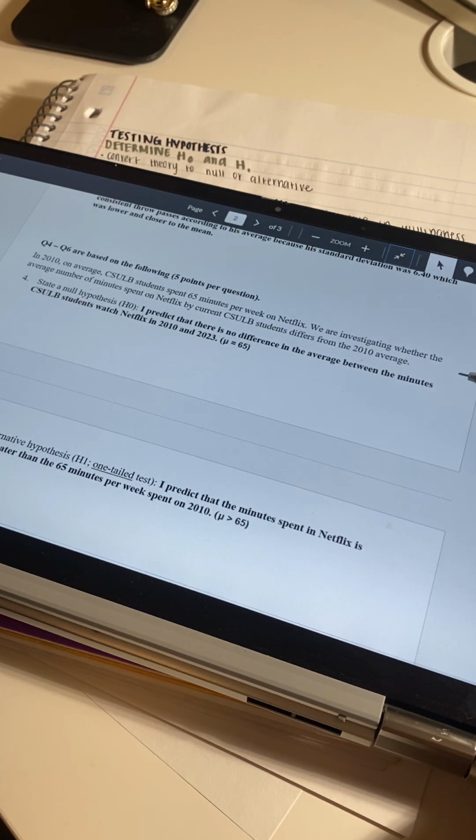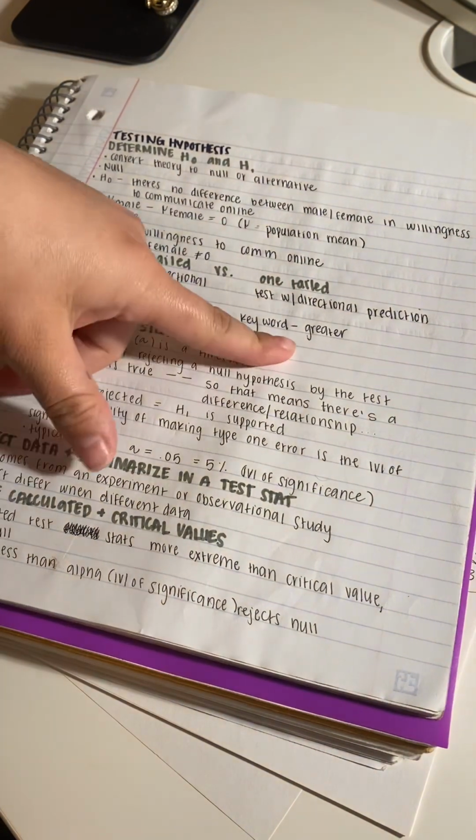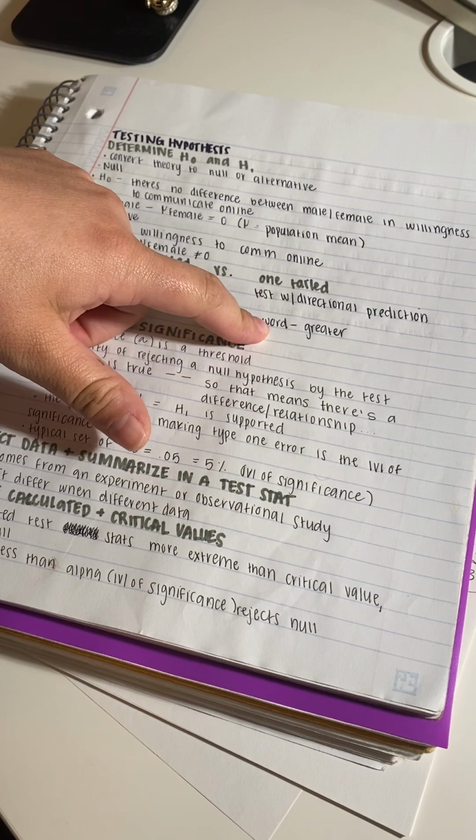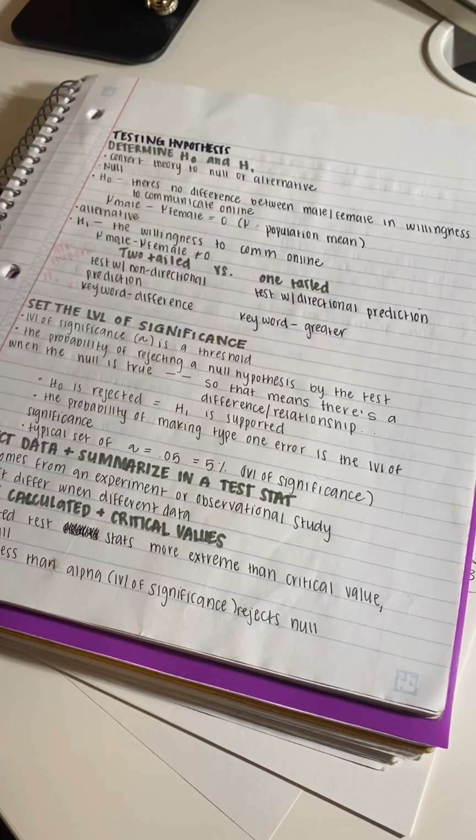But the main thing for the null hypothesis is that there's no difference, compared to the one-tailed hypothesis, where the main thing, the keyword I wrote, is that there's a greater or lesser comparison because it's a directional prediction.